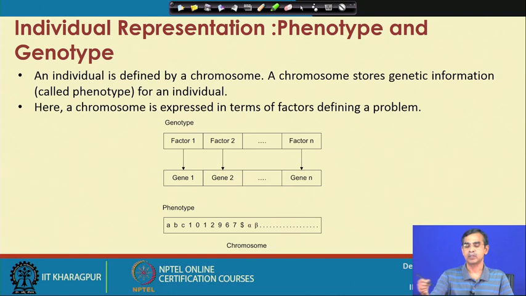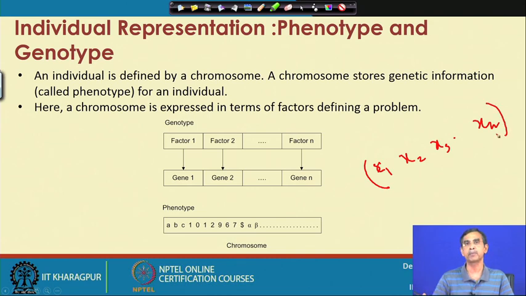The genotype is different from one problem to another. That means, for your problem you have to decide exactly the genotype. I can give an idea. Suppose your objective function consists of different variables like x1, x2, x3 and xn.